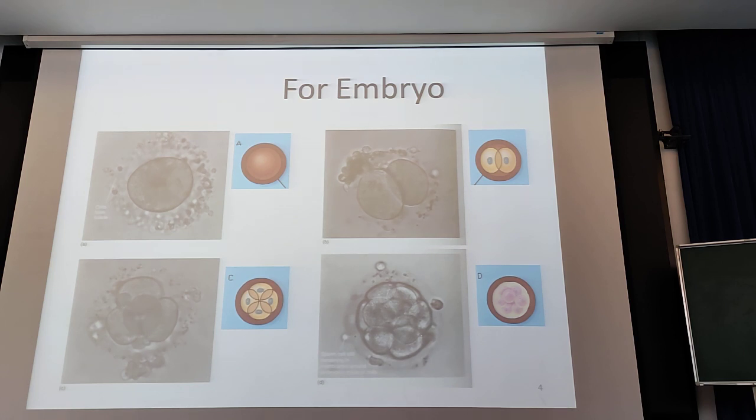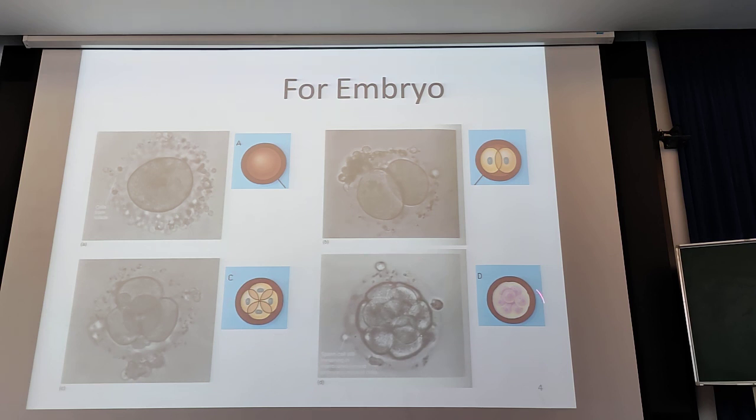For embryonic development, from the first stem cell, the zygote, after around 24 hours, that means after 1 day, it will divide and develop into the 2 cell stage. After another 24 hours, it will develop into the 4 cell stage.